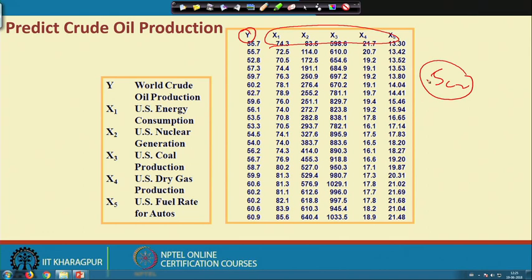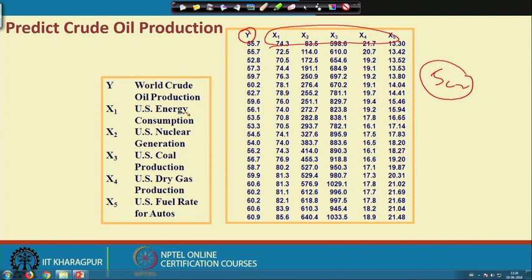Anyway, this is the problem, where y is the dependent variable and represents oil production at the world level, total world oil production, and it is affected by a couple of independent variables.